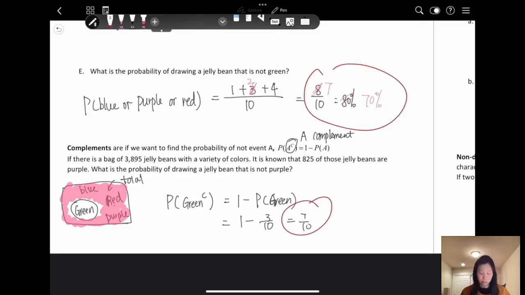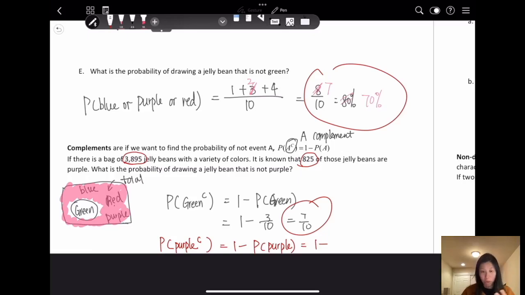Now look at the example that they give you. You have a bag of 3,895 jelly beans, and you know that 825 of them are purple. They're asking you to find not purple, which is the purple complement. The probability of purple complement equals 1 minus the probability of drawing a purple jelly bean.